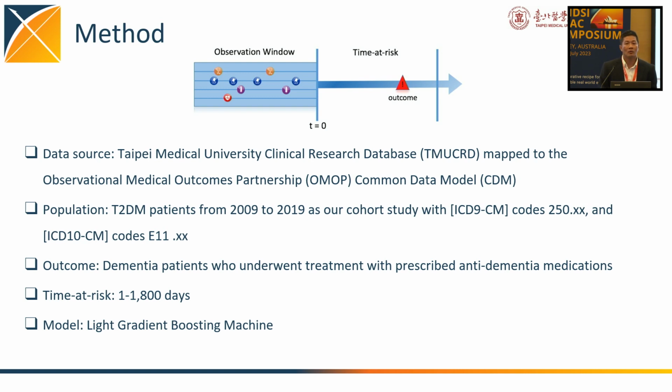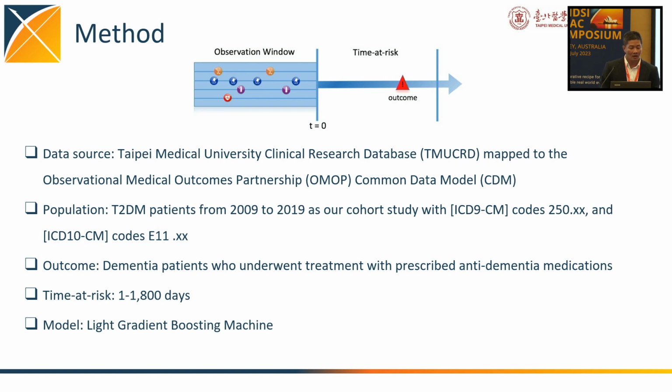For our population, we focus on T2DM patients as our study cohort. The period of our population is from 2009 to 2019. To confirm type 2 diabetes patients, we used both diagnostic codes and anti-diabetes medication.